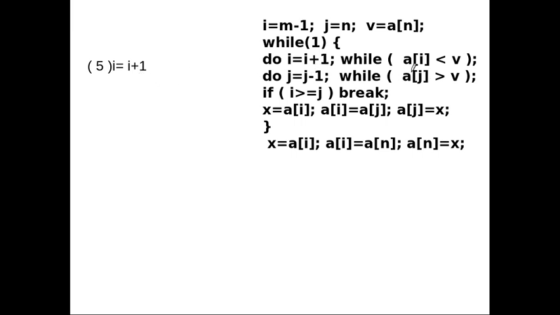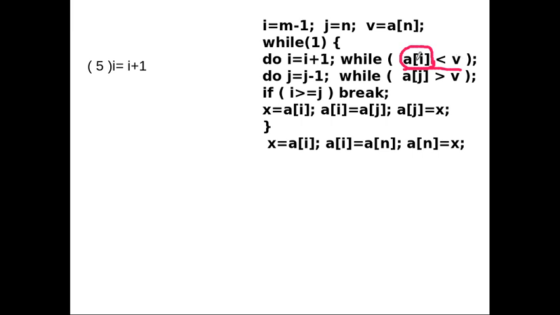And next one, clearly observe it. While A of I less than V, it is also not a single operation. First I want to know the ith index, then A of that address has to be compared with less than.